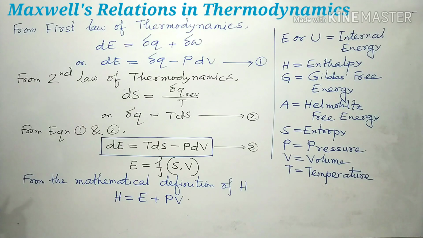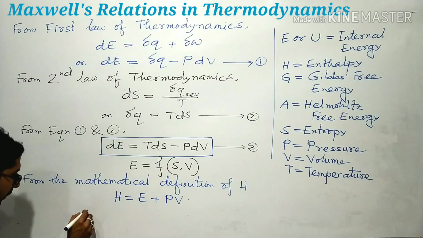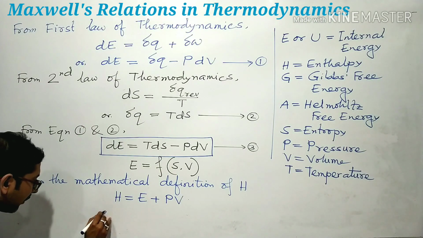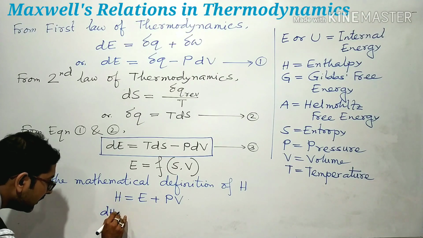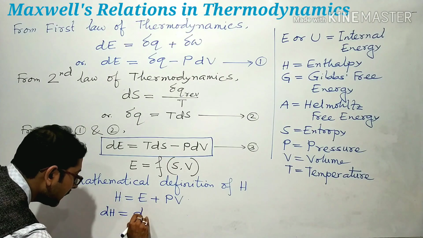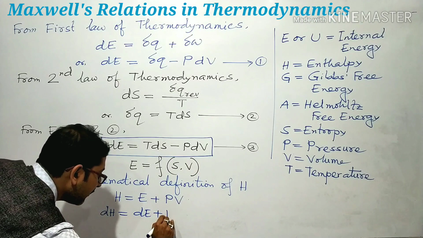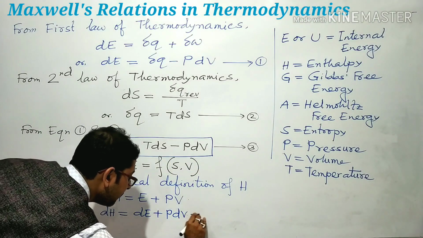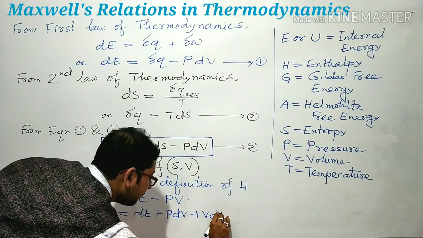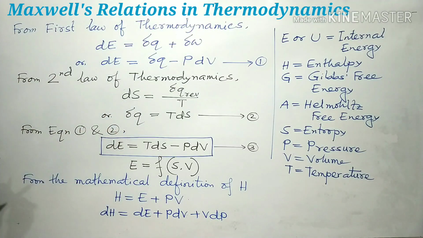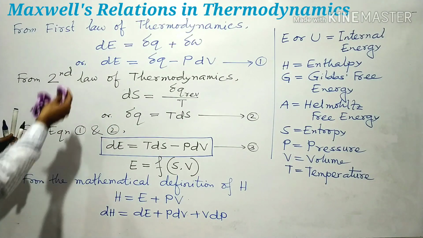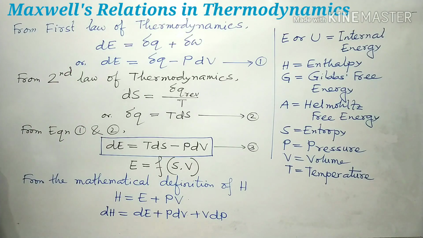So on differentiation we have dH equal to dE plus PdV plus VdP.